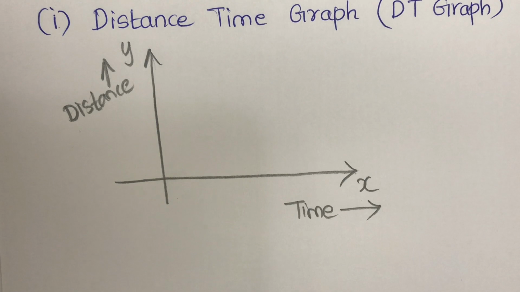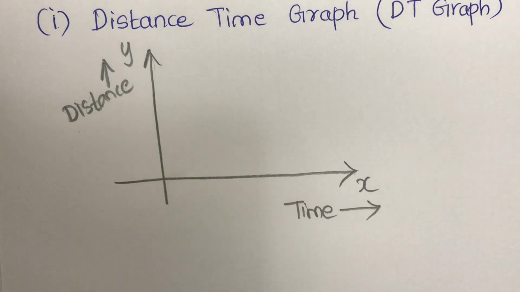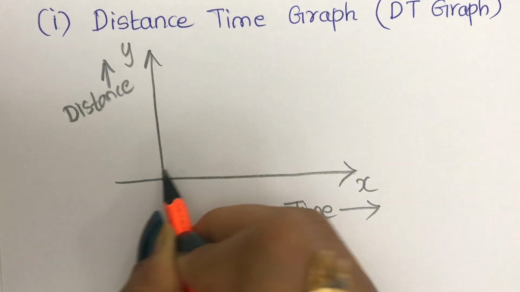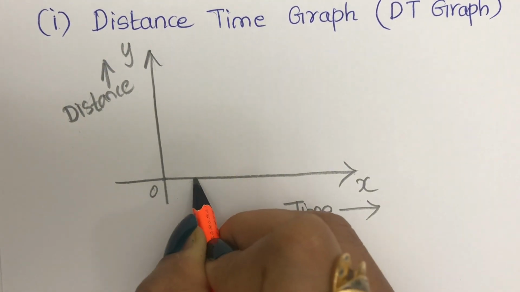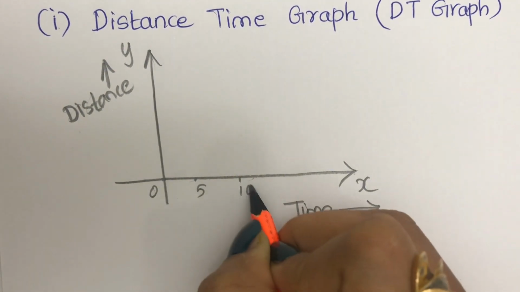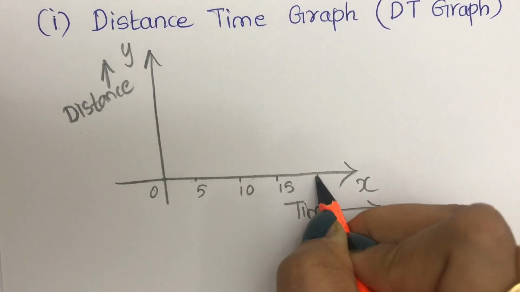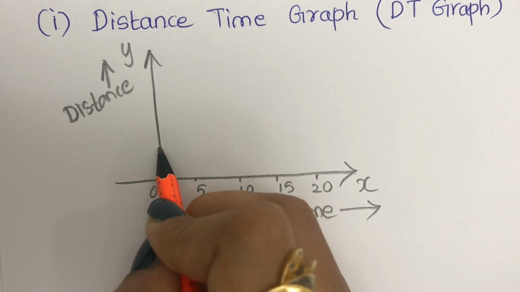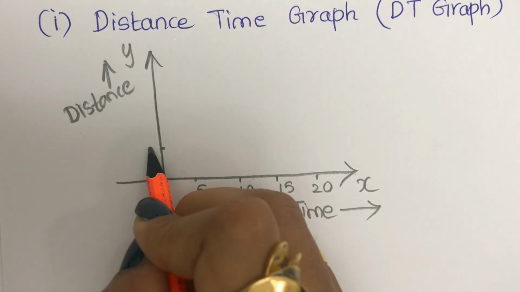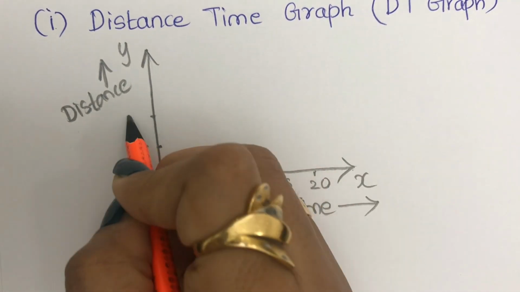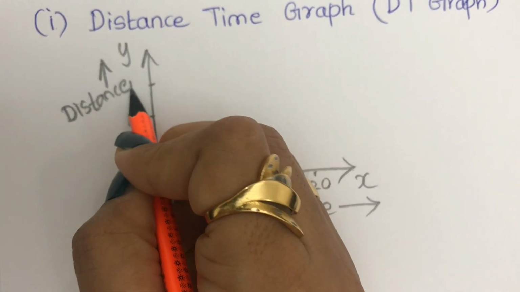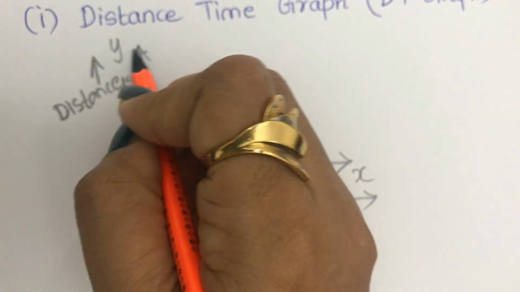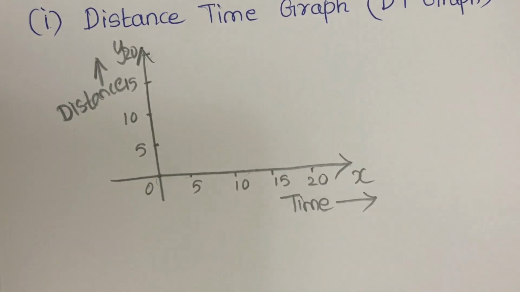See, for example, your car is traveling a certain distance. So this is my time: 0, 5, 10, 15. I'm taking equal intervals. And here I'm taking 5, 10, 15, 20, like that.